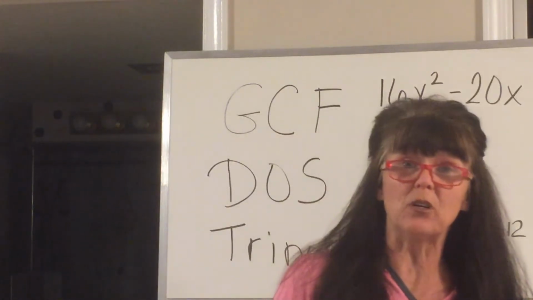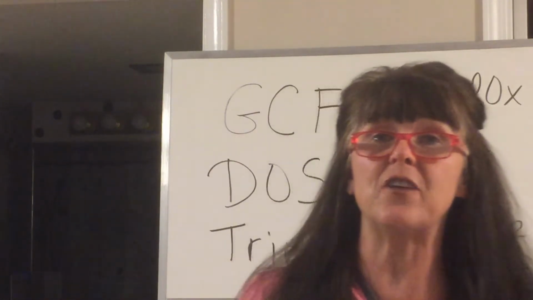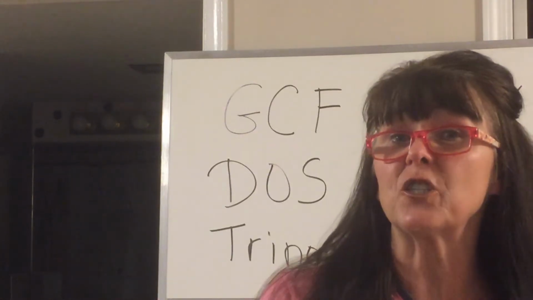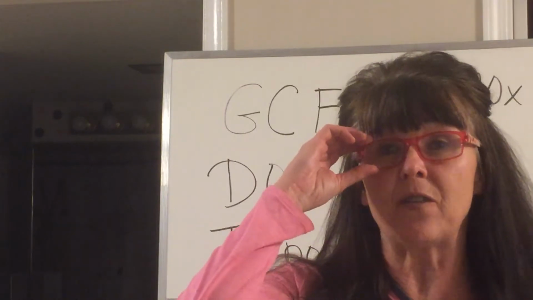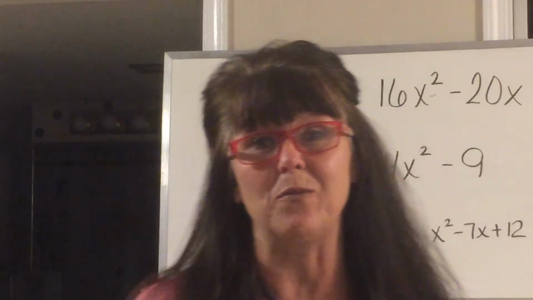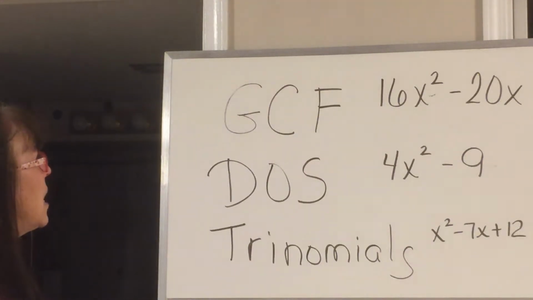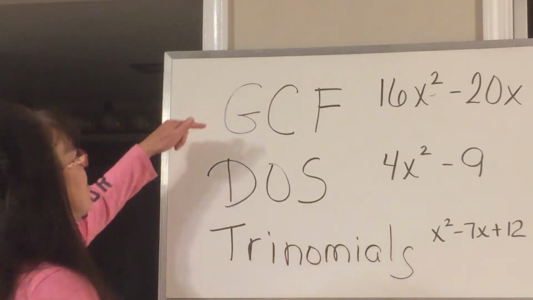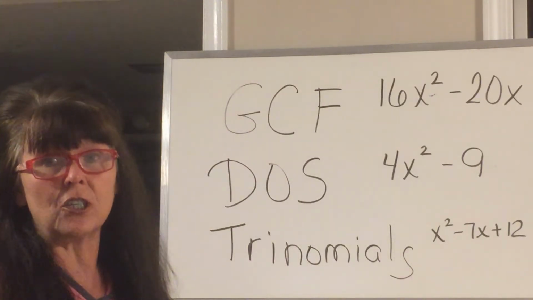Today is April the 6th, and we're just going to take some time reviewing the factoring that we learned last week, and then we're going to move on to factoring cubes. That's tomorrow's lesson. Okay, so the first kind of factoring we learned was called GCF, greatest common factor.